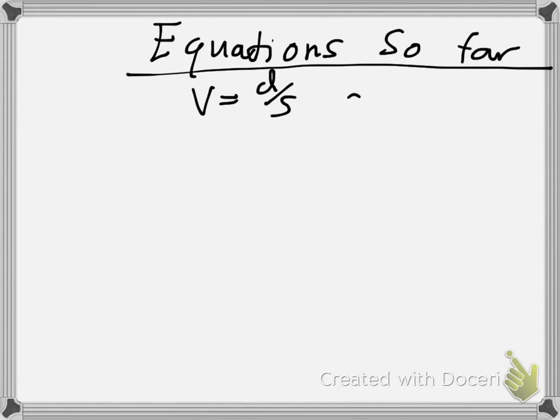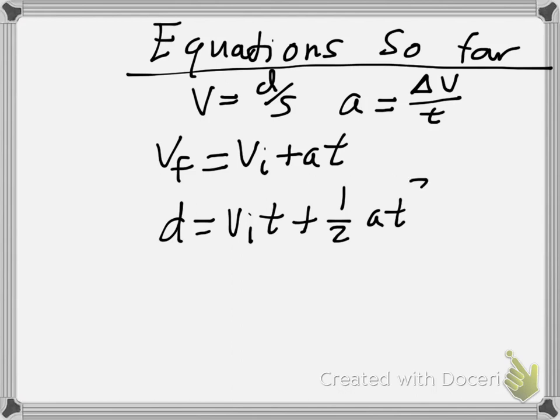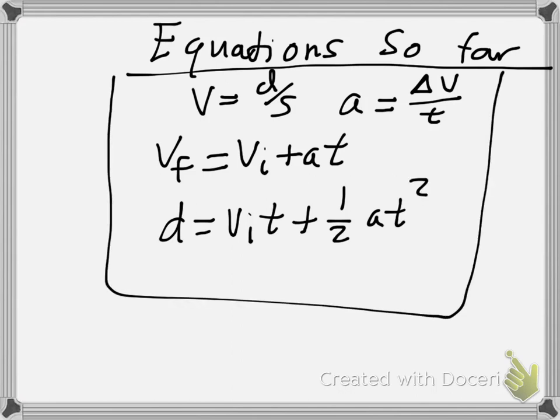And then we have acceleration is equal to change in velocity over time. We have the final velocity of an object can be found if the initial velocity is known, and we know the acceleration and the time. And then we also have the distance equals v_i t plus 1/2 at squared. These are all the equations we've built up so far.